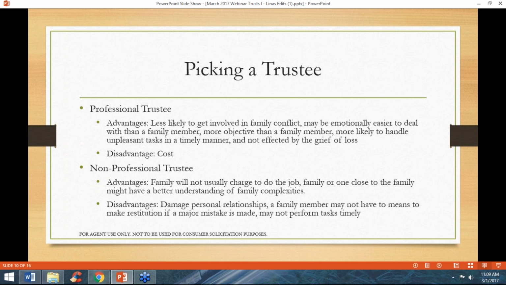A non-professional trustee does run the risk of ruining relationships if they fail to do what the beneficiaries want. And if a non-professional trustee makes a major mistake, they will be less likely to be able to repay the trust. And finally, because a non-professional trustee does not administer trusts every day, they may fall behind in performing important tasks.